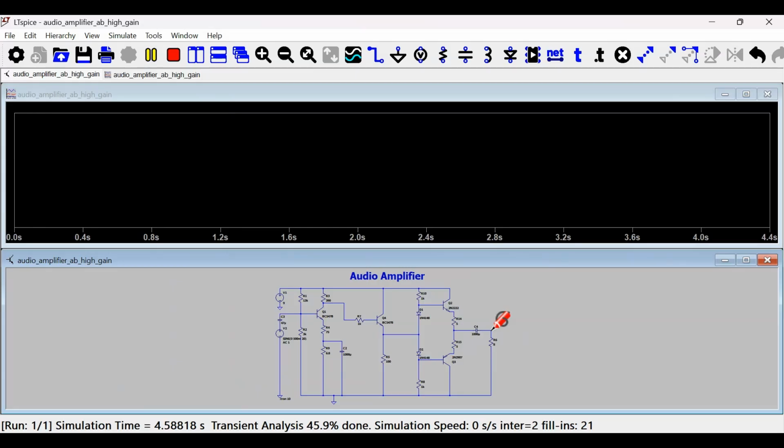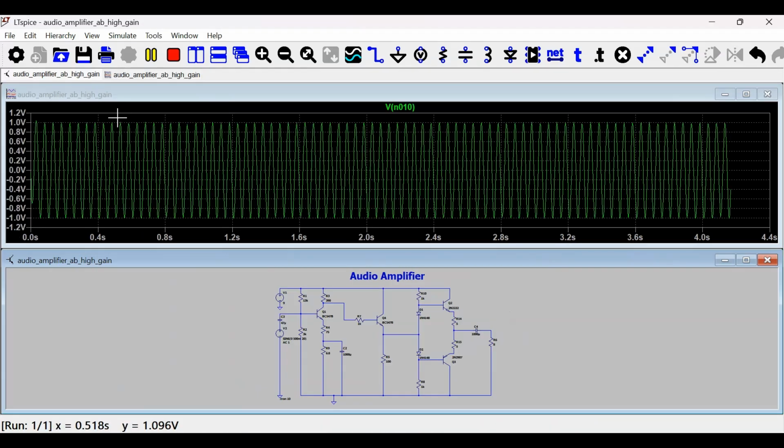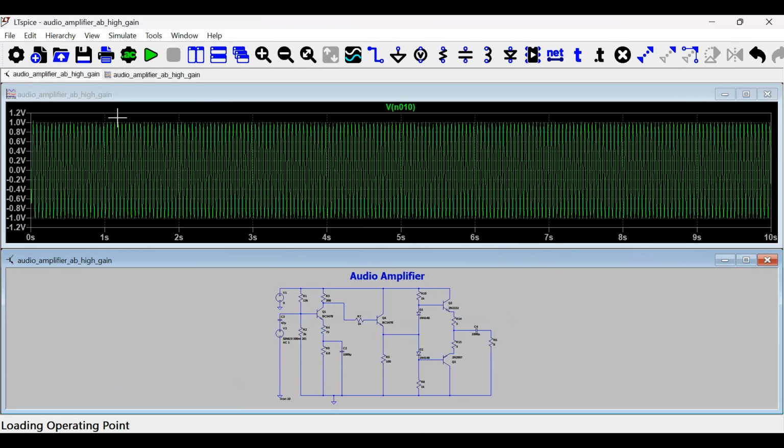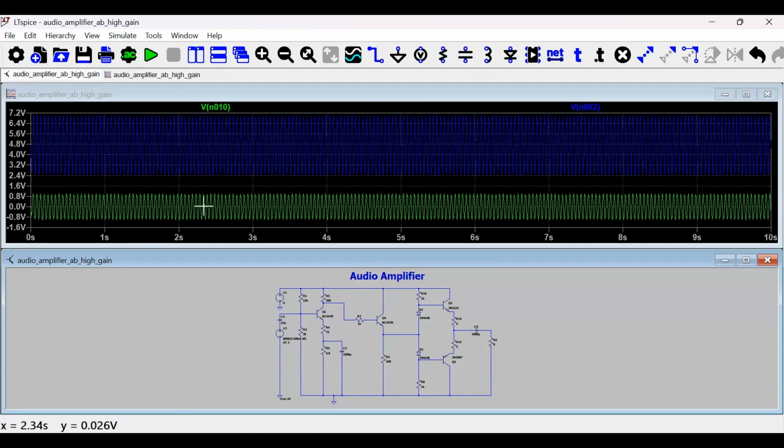And we are observing that the voltage across the speaker is around 1 volt amplitude or 2 volts peak to peak. Let's see the voltage across the common emitter amplifier stage. So we are seeing that it is around 4.8 volt peak to peak.